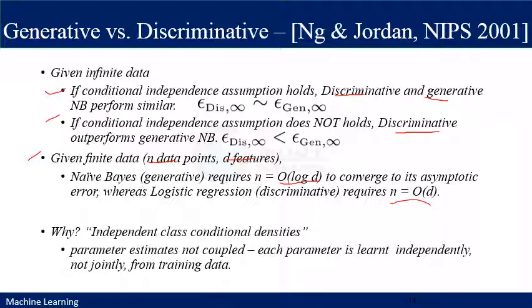So why do the independent class conditional densities have an effect on the working of discriminative and generative methods? Because the parameter estimates are not coupled in the independent features, and each parameter is learned independently, not jointly, from the training data.